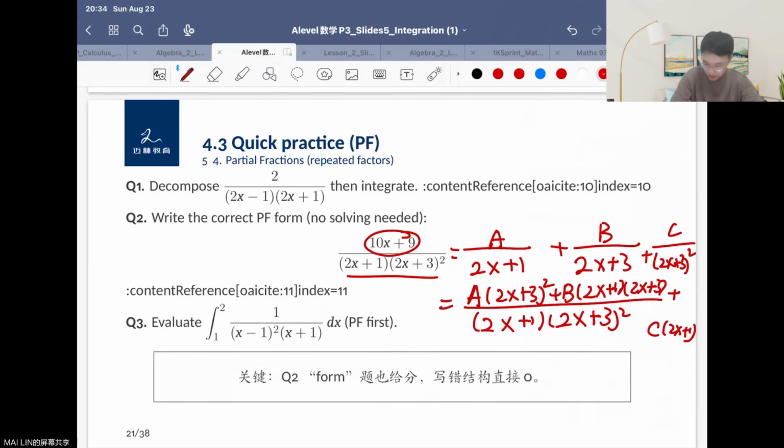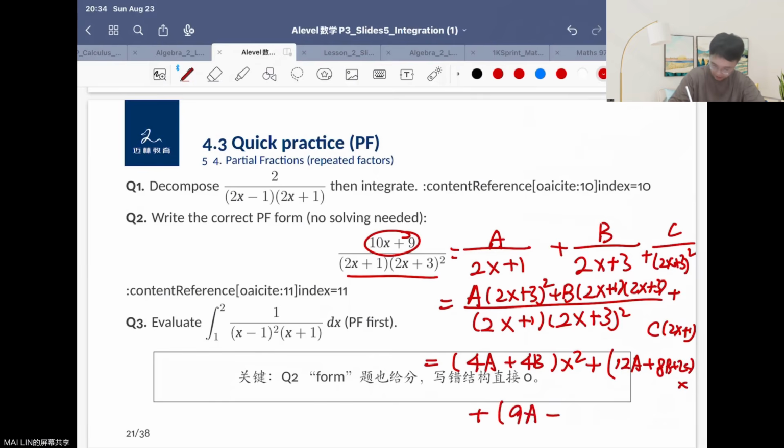Simplifying a little, we get (4A plus 4B)x squared, plus (12A plus 8B plus 2C)x, and the constant is 9A plus 3B plus C.